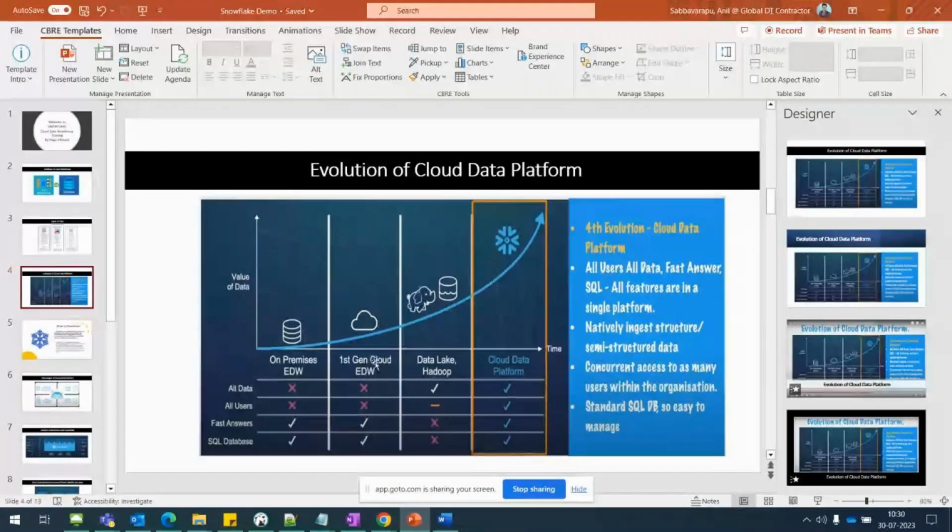So that's where other systems like Hadoop and data lakes come in. This is a big term, and everybody might have heard about it, right? Hadoop. It was able to solve the problems to a fair extent. It supported all types of data, and to some extent all types of users, even data scientists.